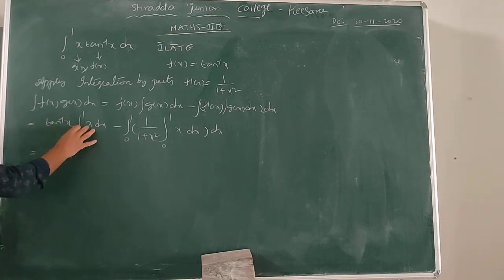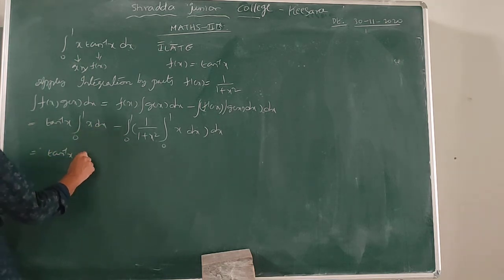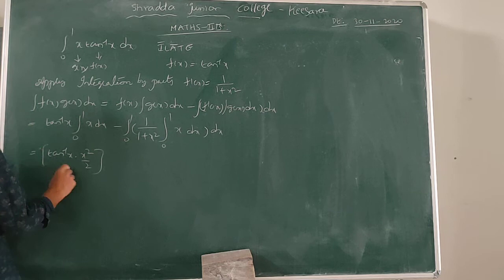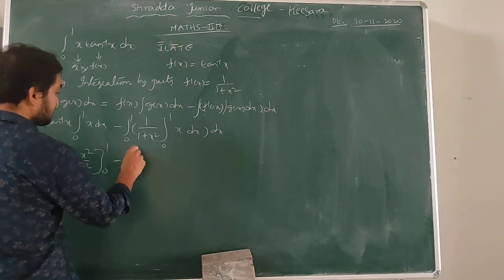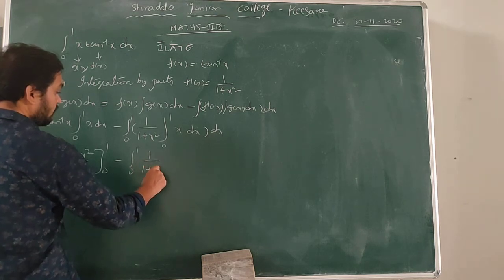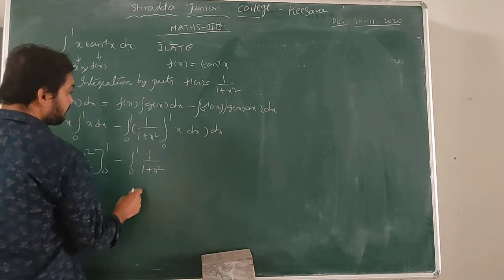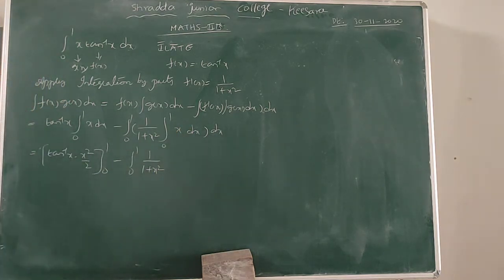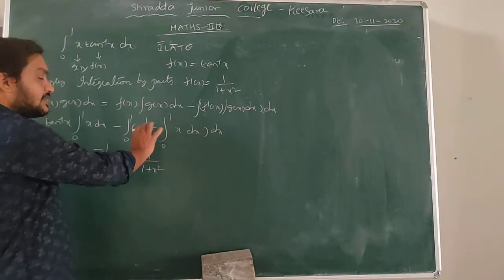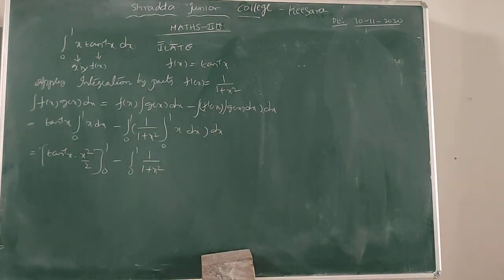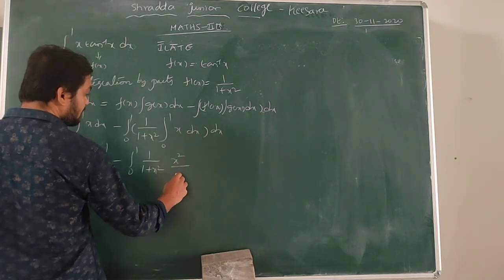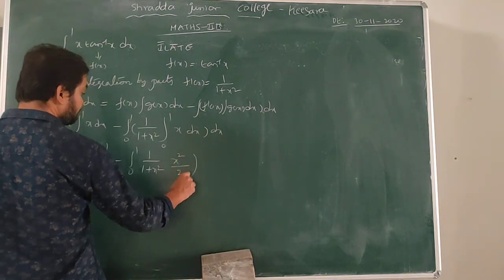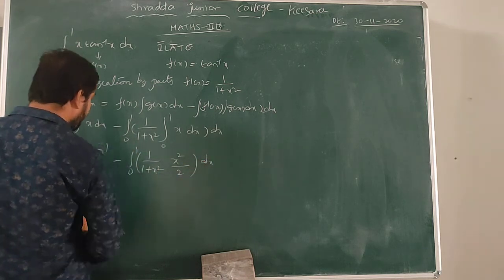Now here tan inverse x into integration x dx. What is the formula? That is x square by 2. Apply the limits 0 to 1, minus integration 0 to 1, 1 by 1 plus x square. Again integration x dx is in which form? Integration x power n dx form. What is the formula? x power n plus 1 by n plus 1, that is x square by 2, again dx.